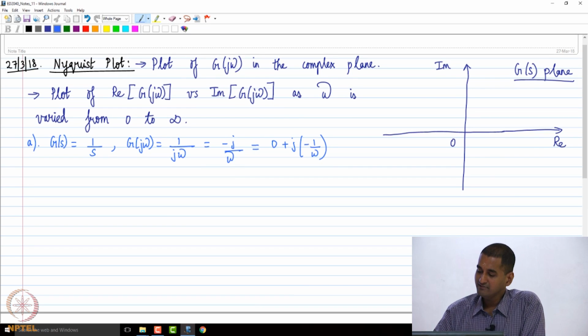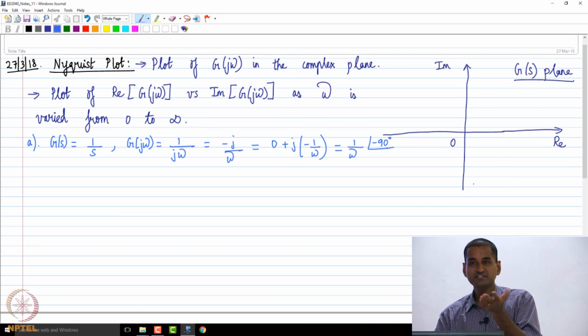And I can follow an alternative representation of complex valued functions, right? I can write their magnitude and phase. So what is the magnitude of this function now? 1 by omega, right? What is its phase? It is going to be minus 90 degrees, right.